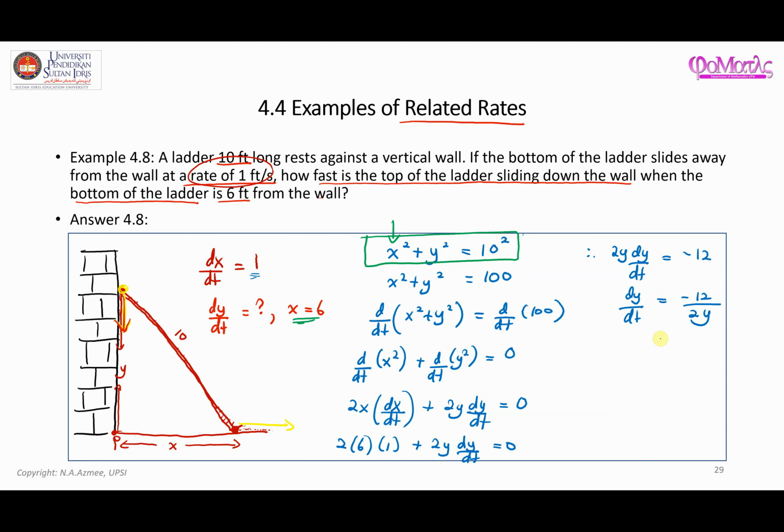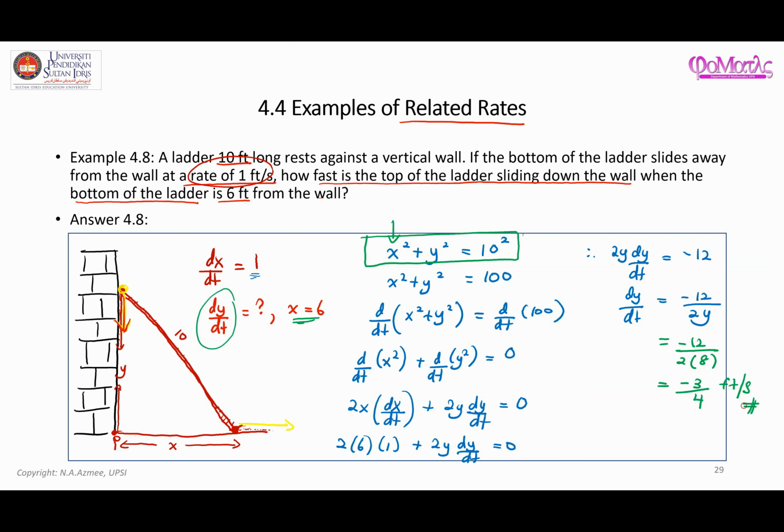So we can use it here: negative 12 over 2 times 8, which is negative 12 over 16. Simplifying further, this will be negative 3 over 4. So the answer for dy/dt is negative 3 over 4, and the unit is feet per second.